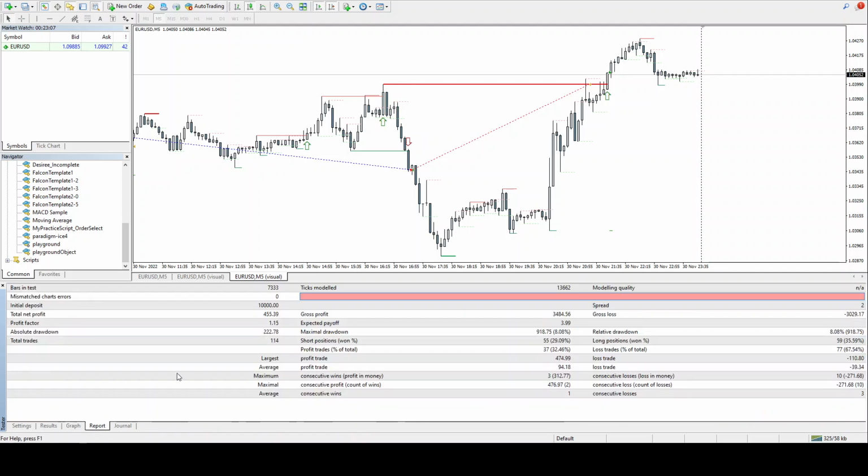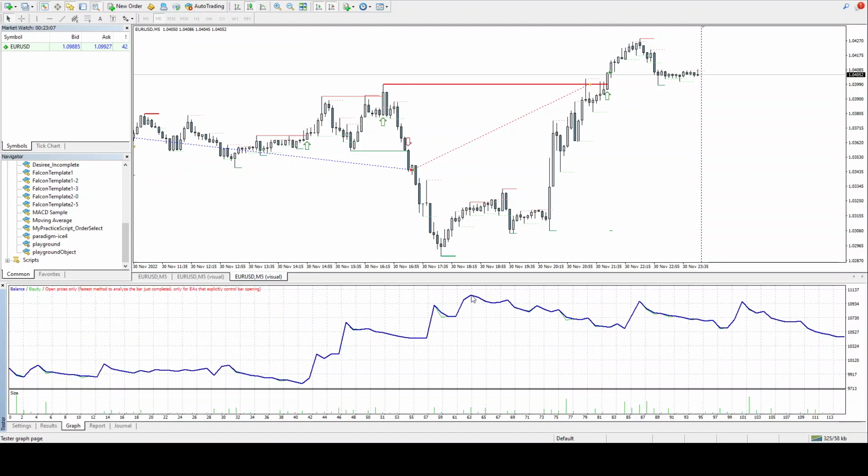Let's go to the report. So this is a 4.5% return at the end of the month, even though it went up to 11% before it then started to drop. So assuming we set a profit target of, let's say, 10%, it would have achieved that profit target.